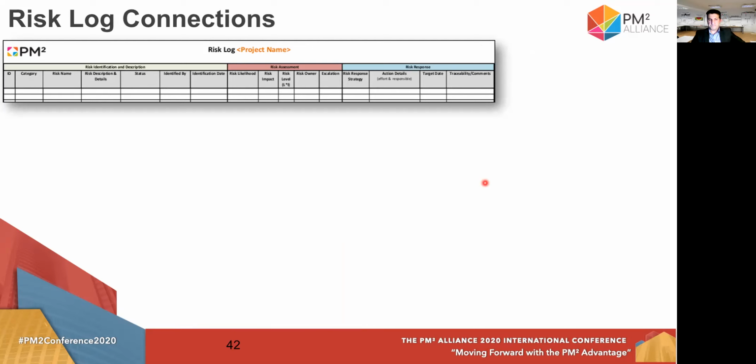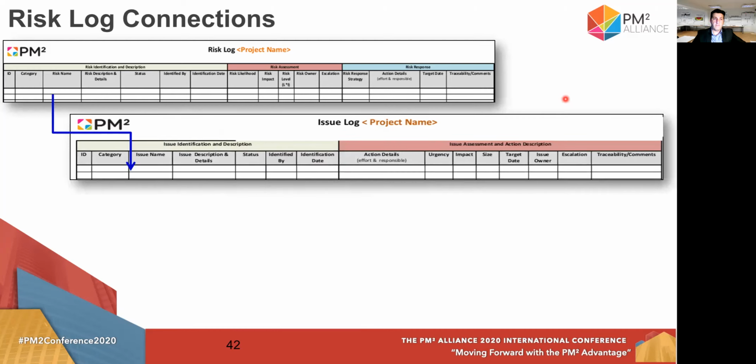Moving to the last part of my presentation, also do not forget that your risk log during the monitoring and control activities is connected with the other logs. So when you are writing down a risk inside the risk log, and this risk becomes a reality, an issue, you then have to transfer it to the issue log.